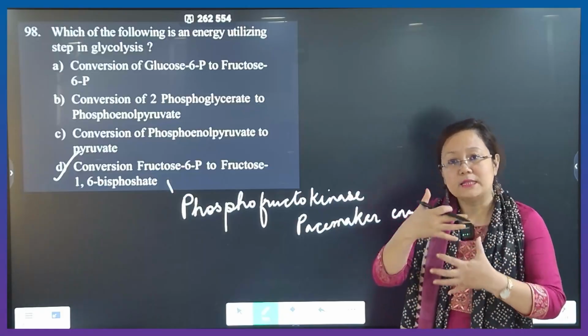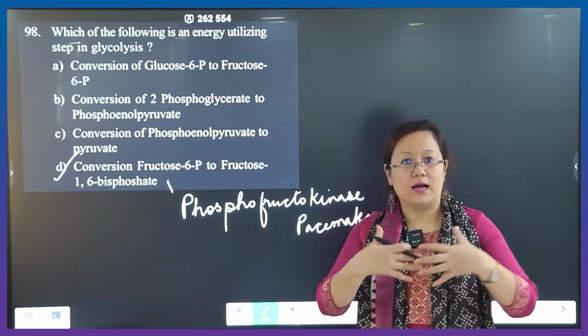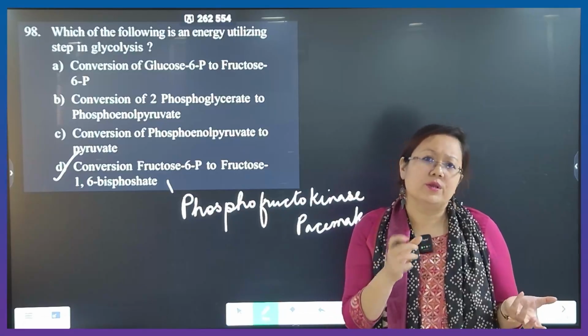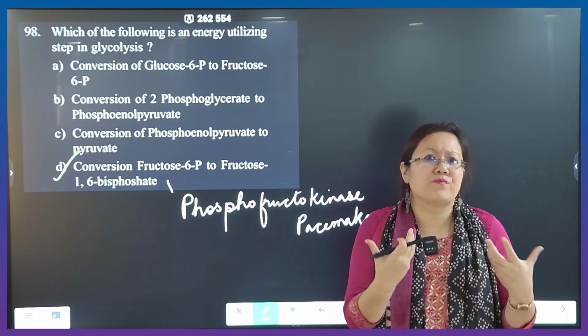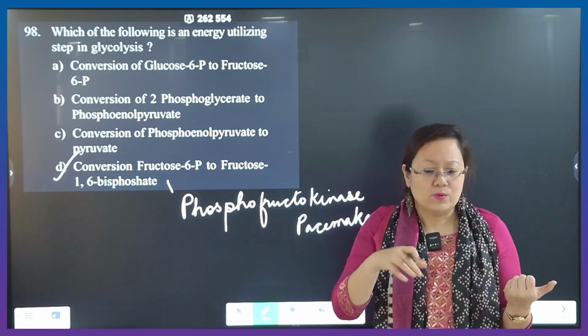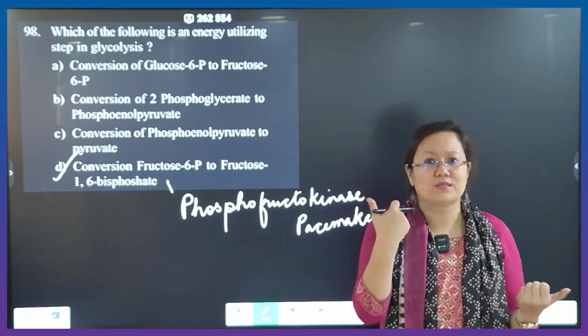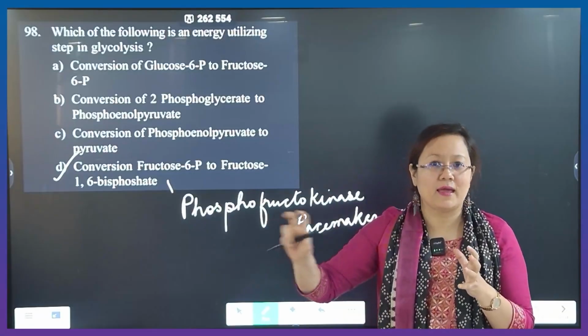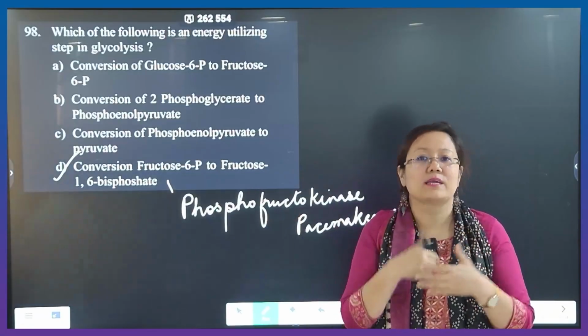See, inside the body, if there is already high ATP, or if pyruvate amount is already high, or citric acid is already high, what happens? Citric acid high means the Krebs cycle is already running. Pyruvate high means the product of glycolysis is high.